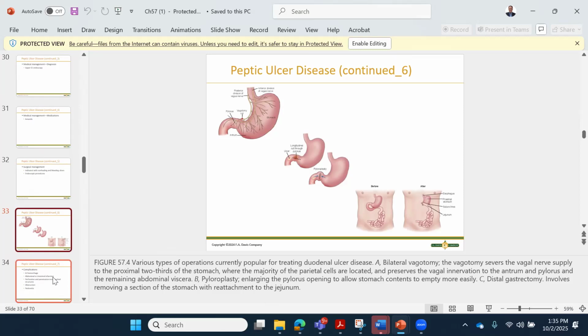So this goes on to talk about different types of operations that can be done for duodenal and peptic ulcer disease. And you can read through this.